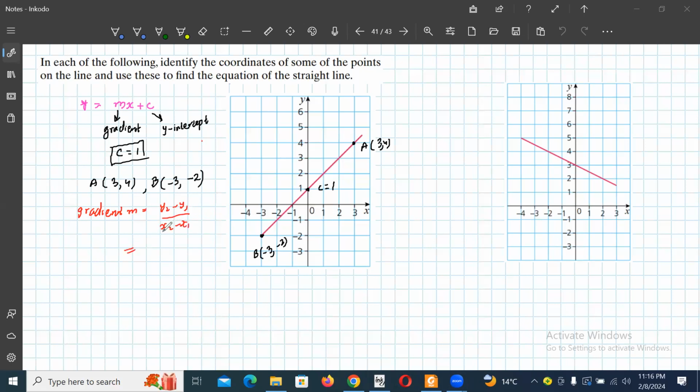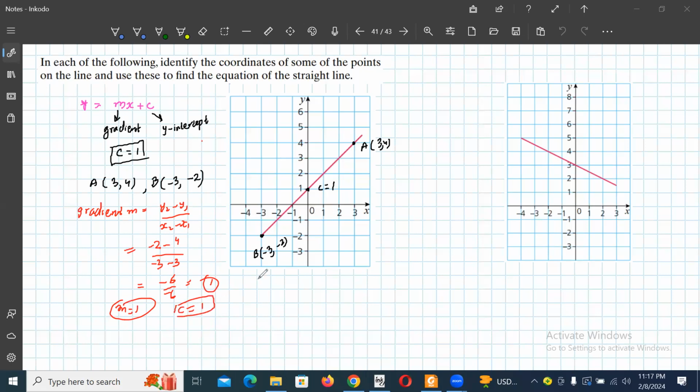We already learned in the previous video how to find and utilize gradient. So y2 is minus 2, minus 4, x2 is minus 3, x1 is minus 3. So this is minus 6 over minus 6, which gives me 1. It means m equals 1 and c equals 1 as well.